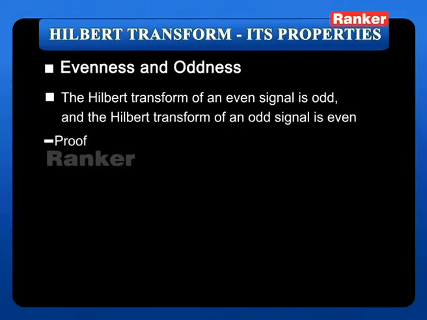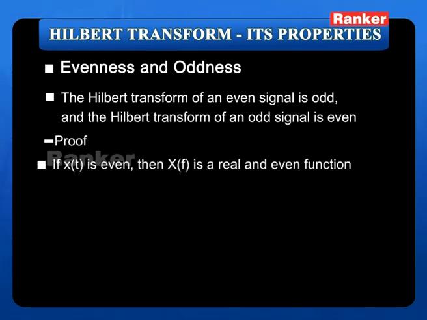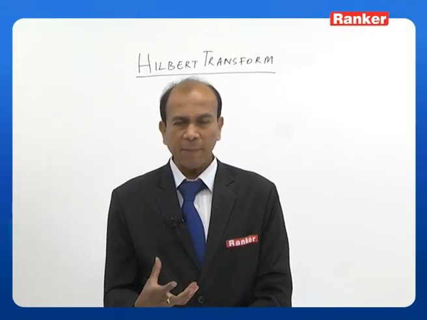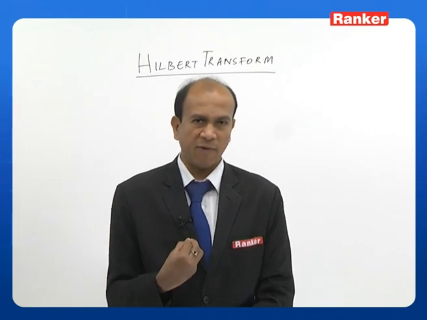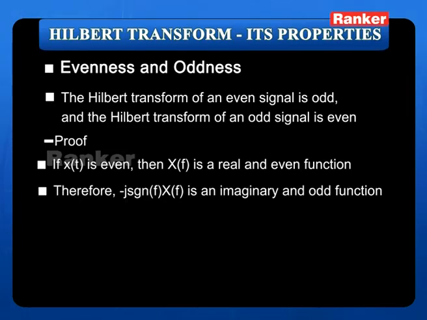It is just a logical proof. If x of t is even, then of course X(f) is real and an even function. Then to get the Hilbert transform, I should multiply this X(f) by minus j signum of f. When I do that, minus j signum of f times X(f) is imaginary, because you are adding a j there, and it is an odd function.